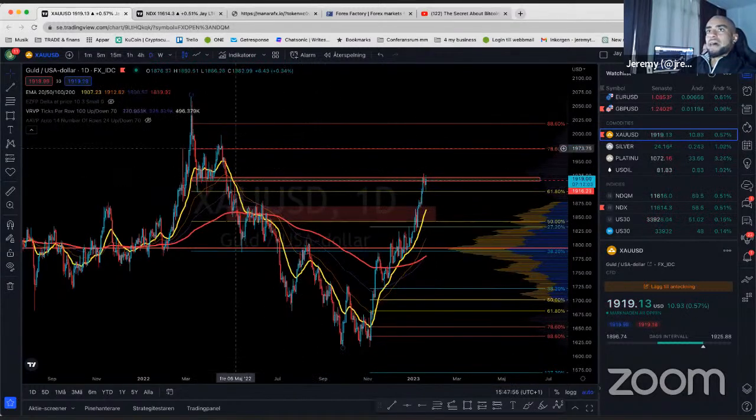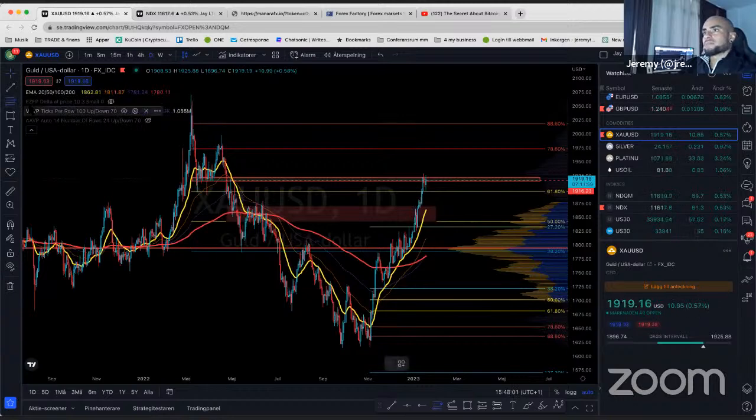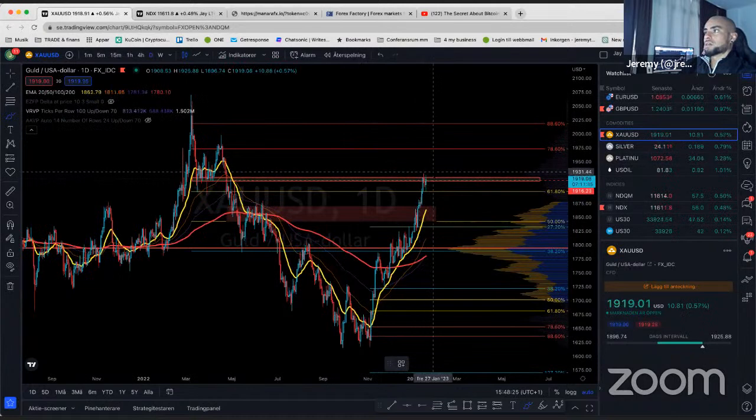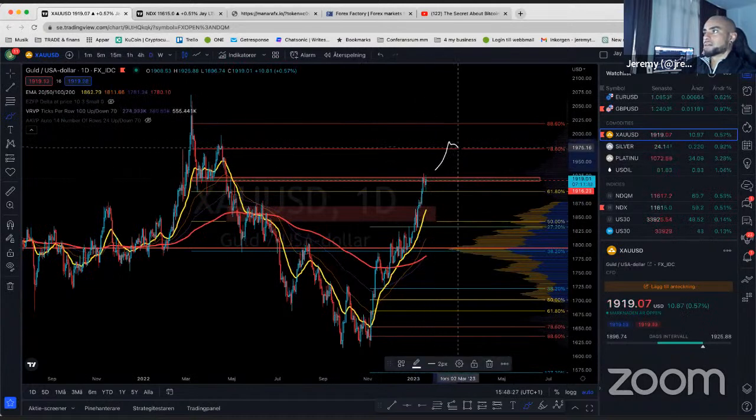So, in this last swing that we had from this top to this bottom here, this is the supply zone. This is the 78.6 retracement and 88.6 retracement, and this is the supply zone right here. So the question is, will the market move all the way up here, pick up supply, to then drop down?